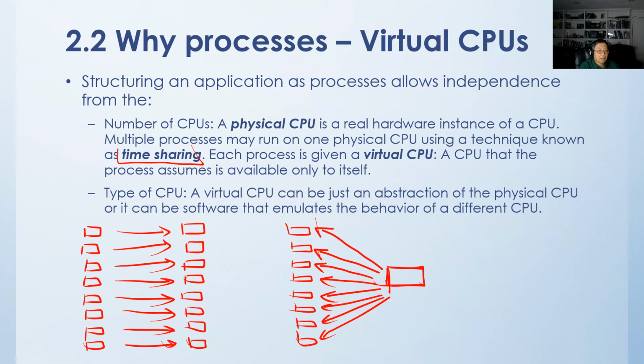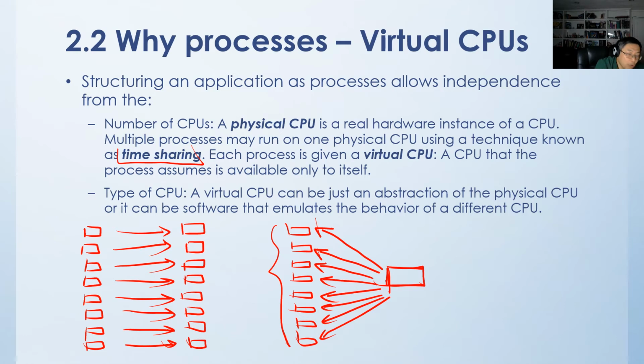The CPU can run a couple of thousand instructions for one process, then switch to the next process and run a couple of thousand instructions. That means the CPU is going to switch back and forth among these 8 processes, and in 1 second, the CPU is going to switch back and forth hundreds or 1,000 times.